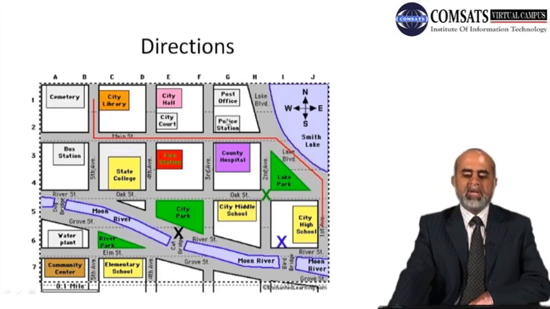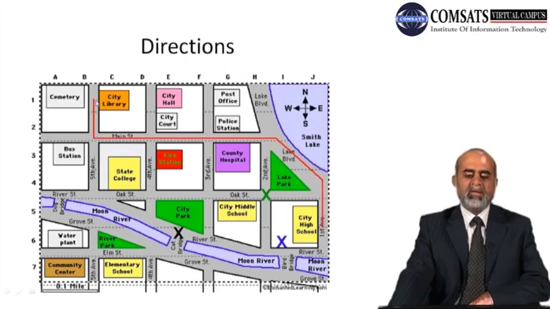Go past the police station and the country hospital. Or you can say, you will see the police station on your right and the country hospital on your left. Keep on walking ahead. You will see city court on your right. Keep on walking until you reach the third intersection.